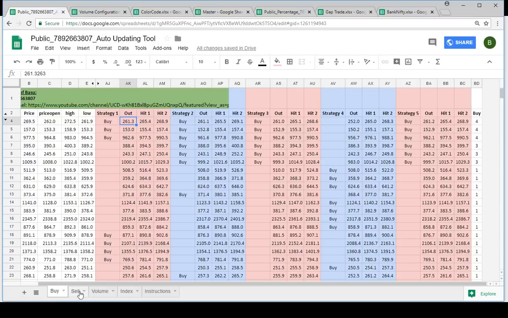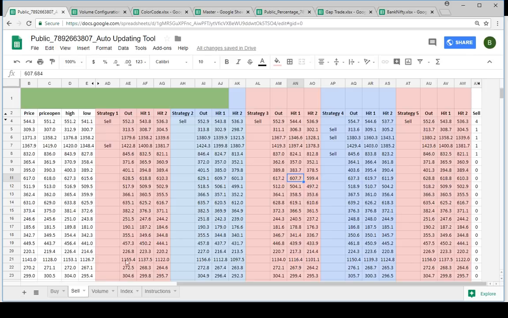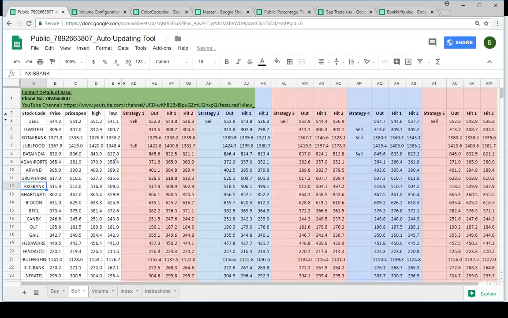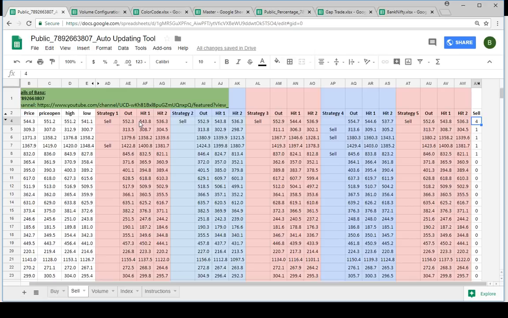Okay, so with that, I think we are good to go to the next tab, which is the sell tab. Exactly, the sell tab is just a replica of the buy tab, but it is on the selling side. So just like the Tata Motors, there you can see the Zeal here, which followed four strategies out of five, and it was a heavy selling stock yesterday.